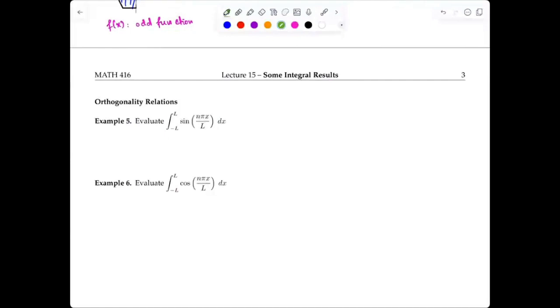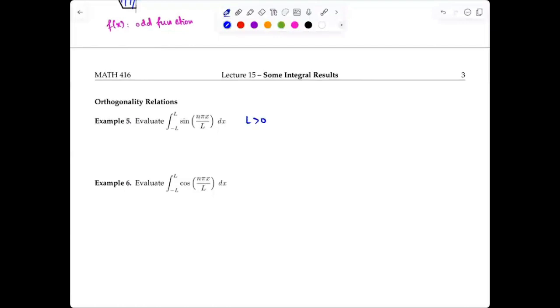Next, we want to look at the orthogonality relations between sine and cosine functions. The first integral we want to evaluate is the integral of sine of n pi x over L, going from negative L to L. From the result we got earlier, when you evaluate an odd function over a symmetrical domain, you automatically get 0. So in this example, we evaluate an odd function, in this case the sine function, over a symmetrical domain, and this integral will give you 0.